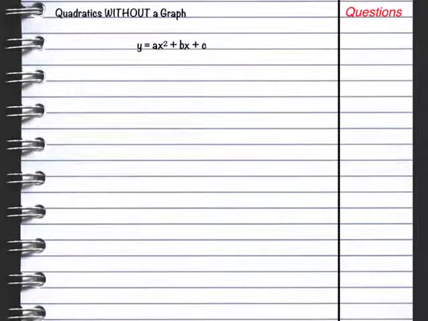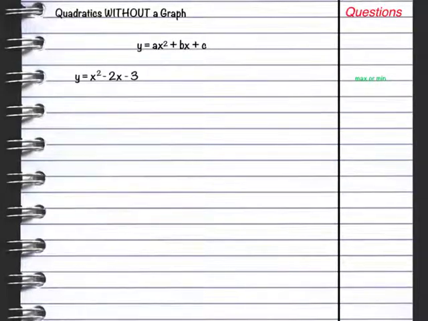So let's talk about quadratics without a graph, and we're going to look specifically at standard form. So here I have an equation, y equals x squared minus 2x minus 3. And I want to be able to tell some things about this without graphing it on a calculator. First thing you should be able to tell me is, is this a maximum or a minimum?